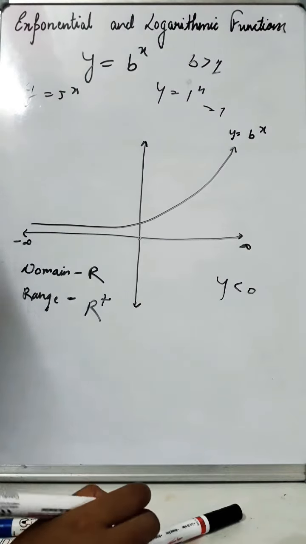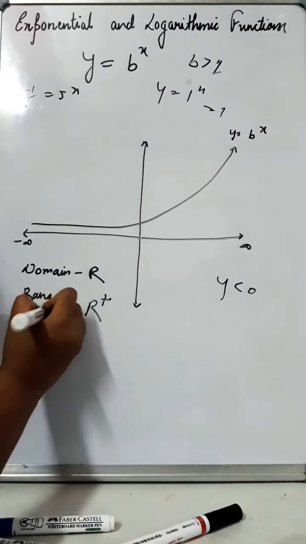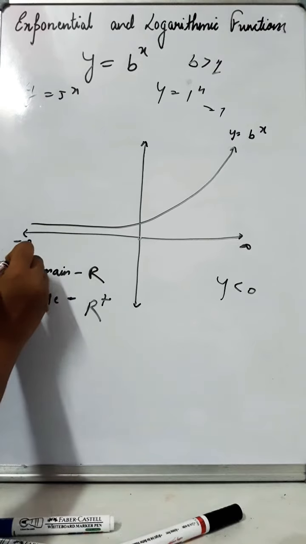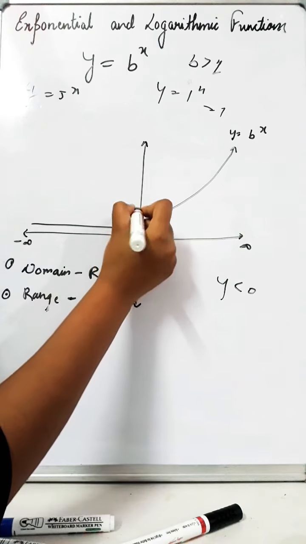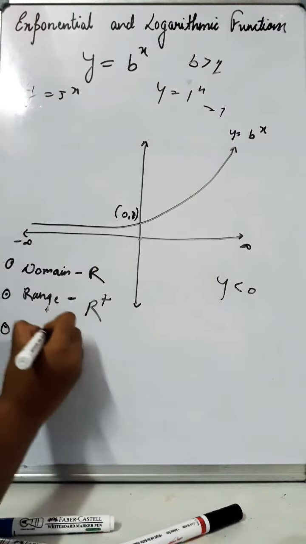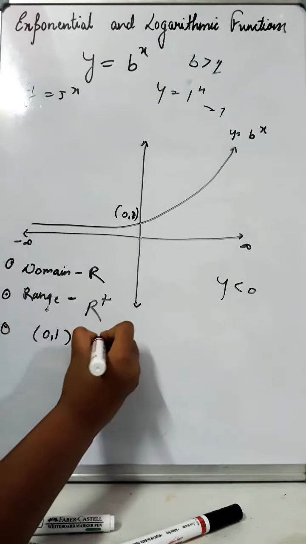Alright, so domain, range. Now the third point is that your point (0, 1) will always be in the graph. The 0 and 1 point will always be present in the graph.